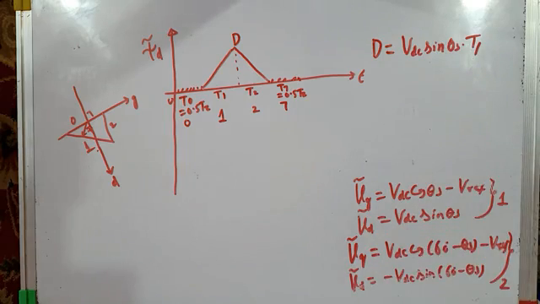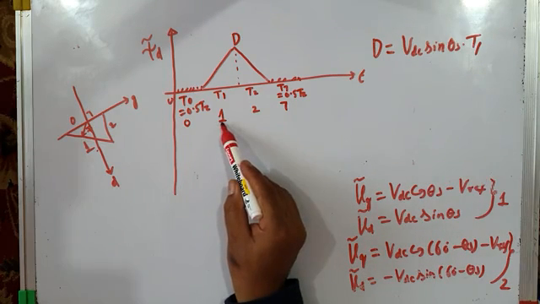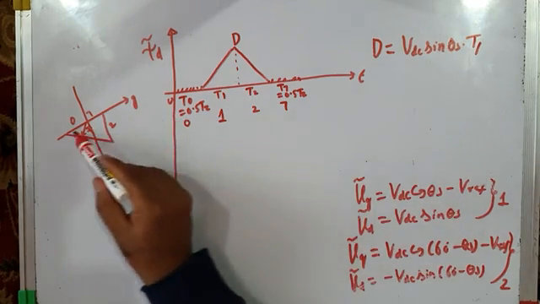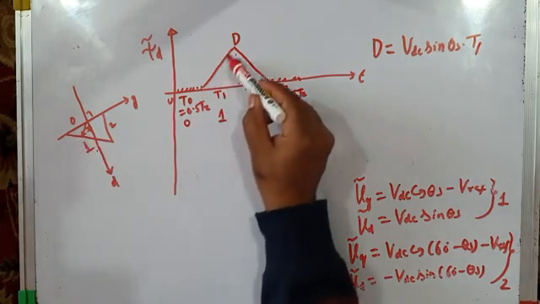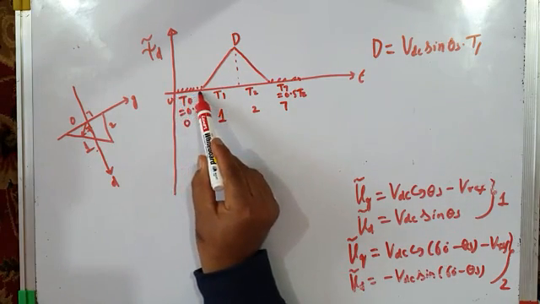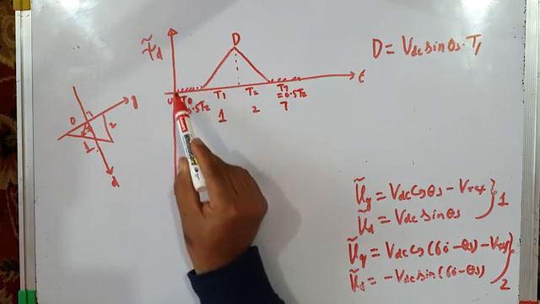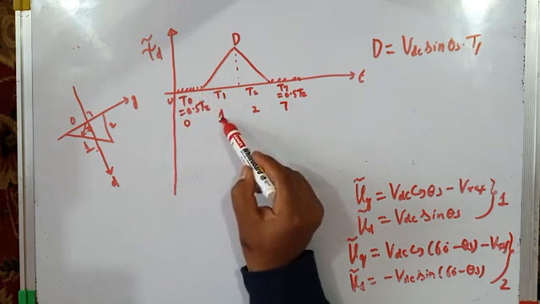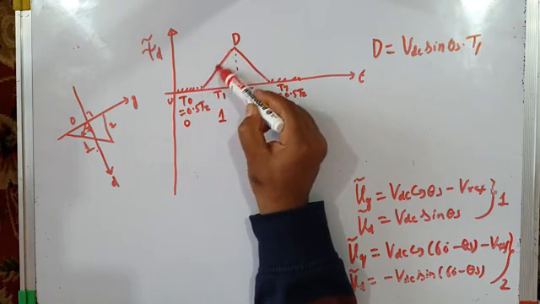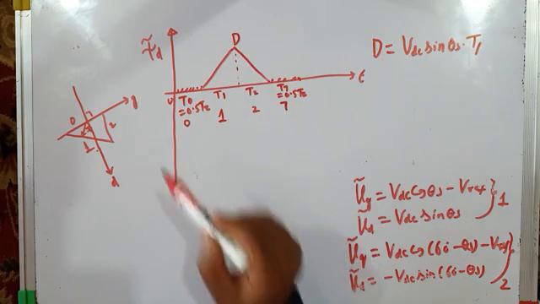I repeat, when active vector 1 is applied, we have an error voltage vector like this, and its d component grows like this. When the null vector was applied, the error voltage vector was 0, so the d axis component of the error voltage vector was 0. When active vector 1 is applied, the d axis component is like this. And what is the length of this line?